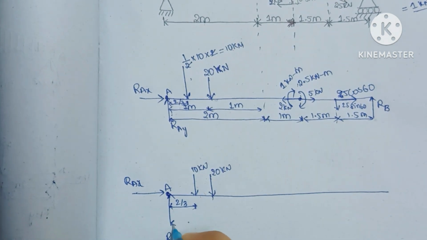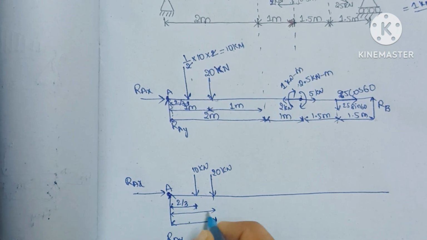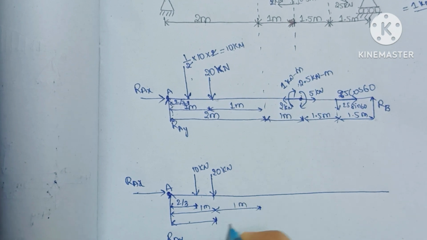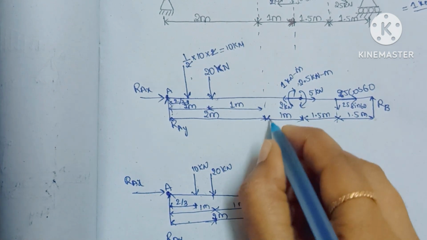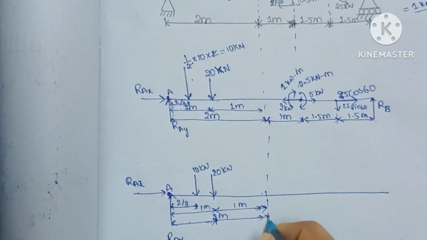So from here to here is 1 meter. I am writing here again 1 meter, and here to somewhere 1 meter. Total is 2 meter. Okay, and after that a 2 meter load, this one is completed.